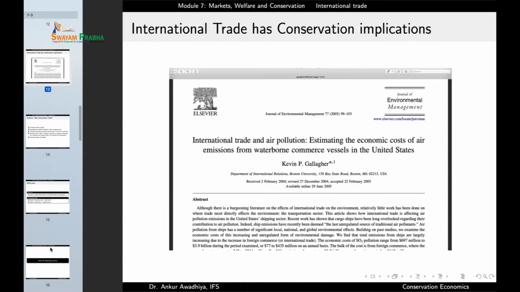International trade and air pollution, estimating the economic cost of air emissions from waterborne commerce vessels in the United States. Now, because of the air pollutants that are being emitted by certain countries involved in international trade, we are now seeing a large disease burden across the world, which means in other countries as well.